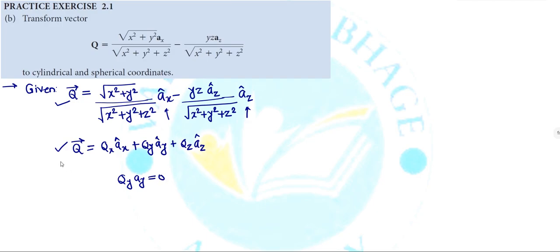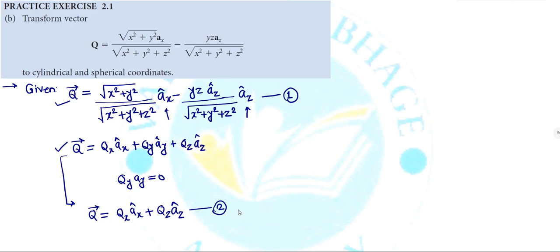Now if we rewrite this equation, we have the given vector Q for its x and z components only, with its x component along x direction and its z component along z direction. Say this is your equation 1, and this is your equation 2.